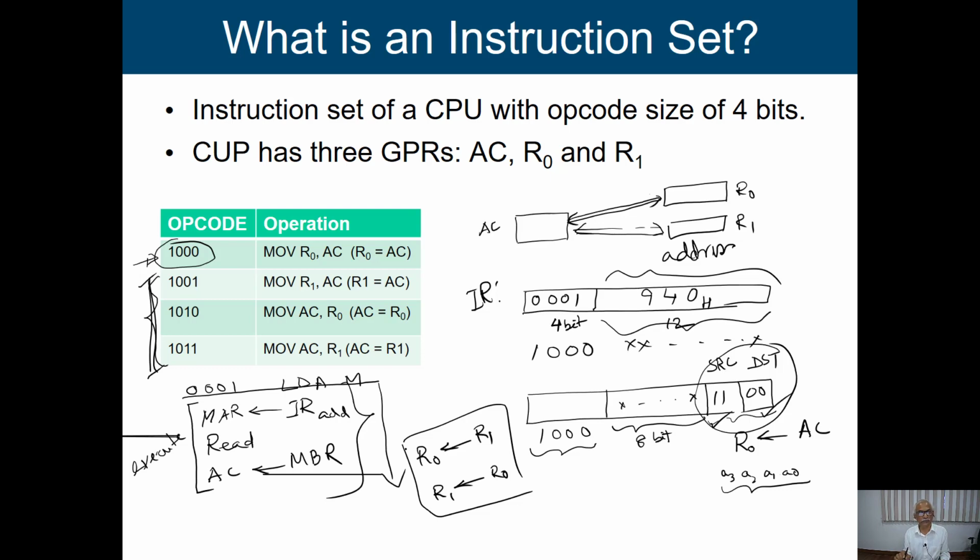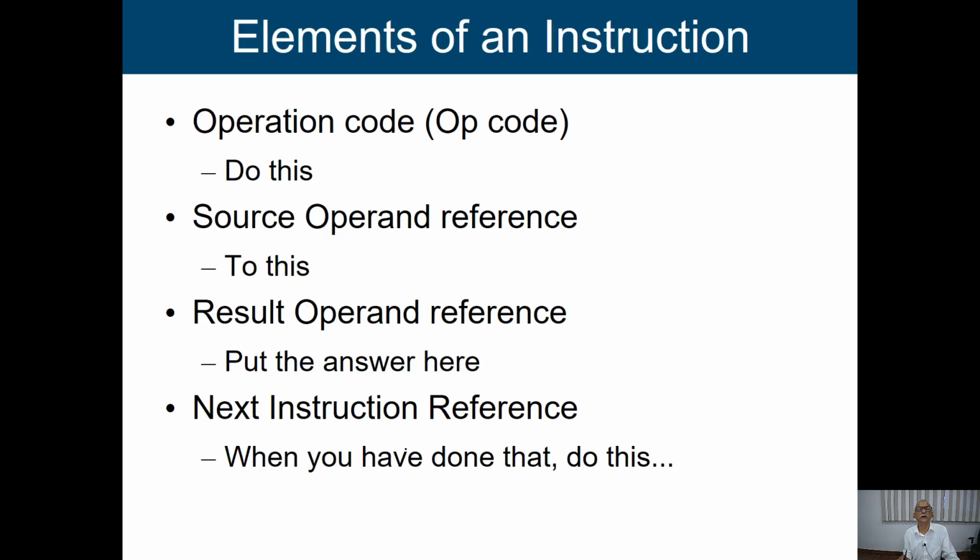Today we are just going to talk about the instruction set, or the designing of the instruction set. Now, what are the elements of an instruction? The first component is the operation code, or opcode. Basically it indicates do this particular operation. Then we have the source operand reference.